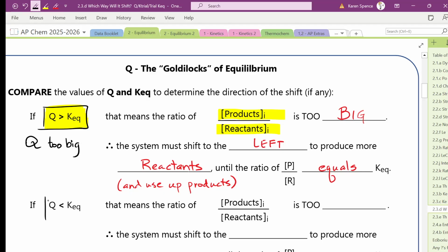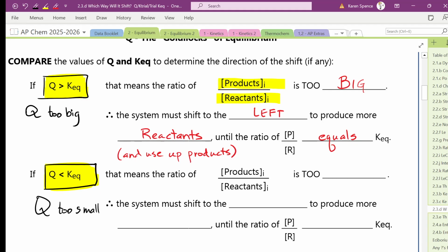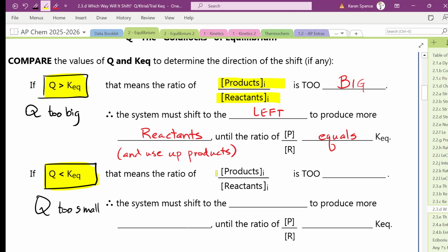If, on the other hand, Q is less than Keq, then Q is too small, which means our ratio of products to reactants is too small.